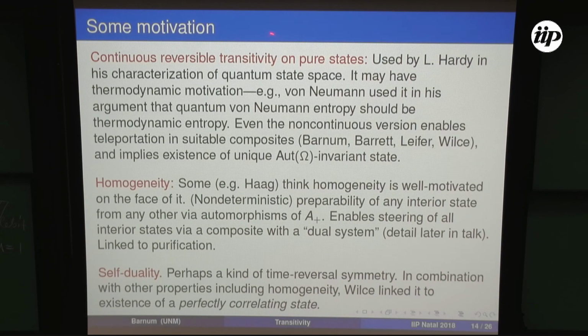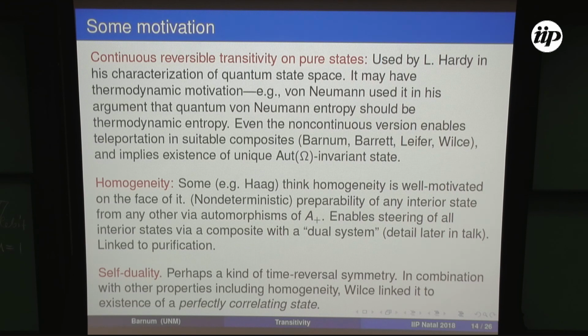Von Neumann used the property in his argument that the quantum entropy, now called von Neumann entropy, should be the thermodynamic entropy. He had a mixed state and you did measurements and separated.